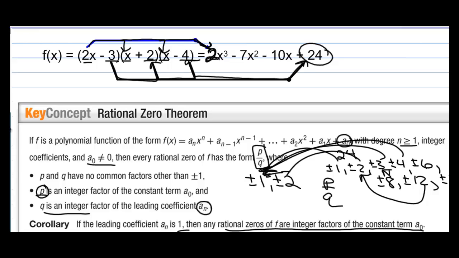And then we go through all those numbers over 1, and then we go through all these numbers over 2. So 1/2 could be a zero. 3 over 2, 3/2 could be a zero. 4 over 2 could be a zero, but of course 4 over 2 is 2, and we would have already listed 2 over 1, which is also 2.